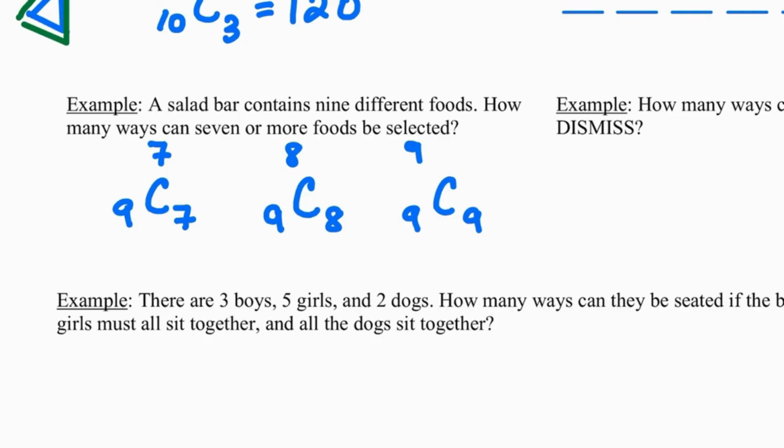So since these are 3 separate events, we're going to add each of those events. Within the problem, there's a lot of multiplying, but since I can't do all 3 events at the same time, I need to add them. So 36 ways for this, 9 for this, and 1 for that, to give you a total of 46 different ways to choose something from a salad bar and get at least 7 items.